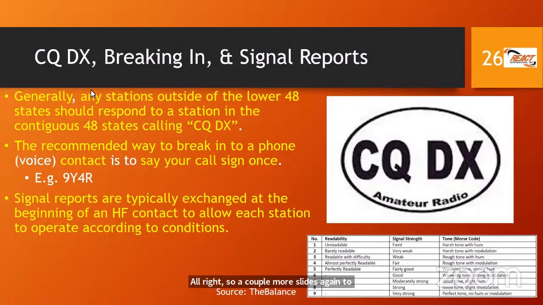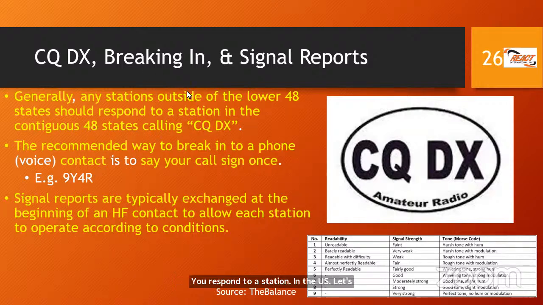Generally, any station outside of the lower 48 states should respond to a station in the contiguous 48 states calling CQDX, right? So let's dissect what this means. Any stations outside of the lower 48 states, meaning if you're outside of the continental US, you respond to a station in the US that's calling CQDX.